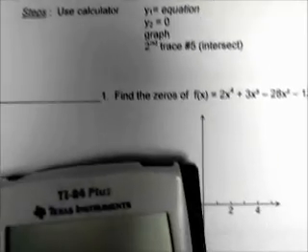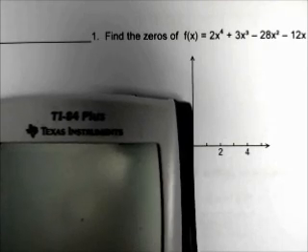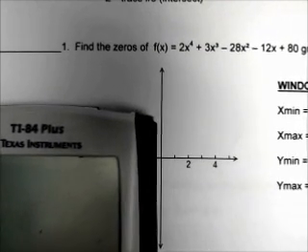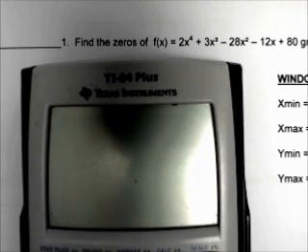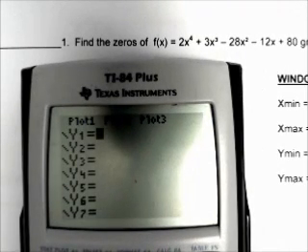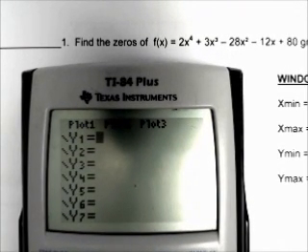All right, so our first equation here, we want to find the zeros of this higher degree polynomial equation. So we'll take our calculator, and I apologize for this glare that seems to be on there. Go to y equals, we'll key in 2x to the 4th.